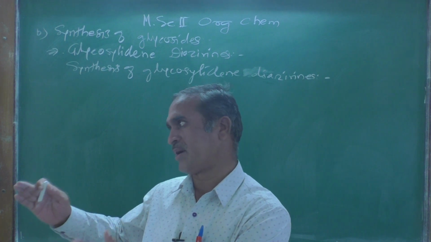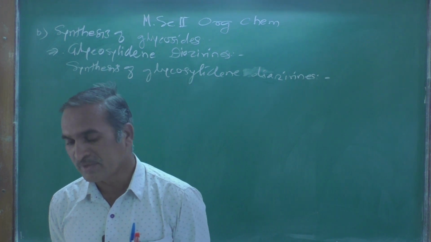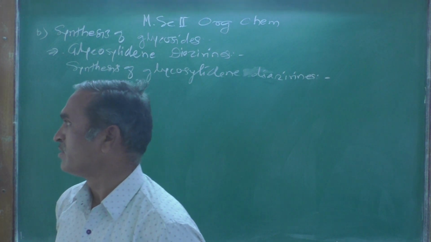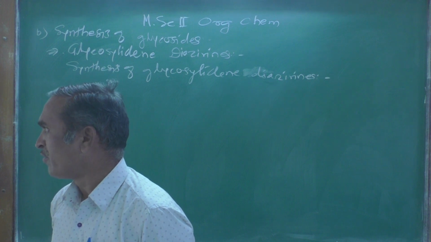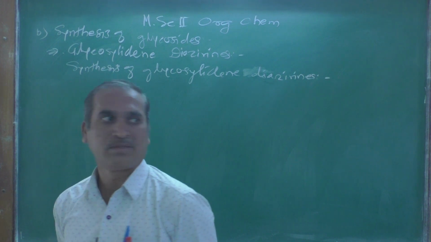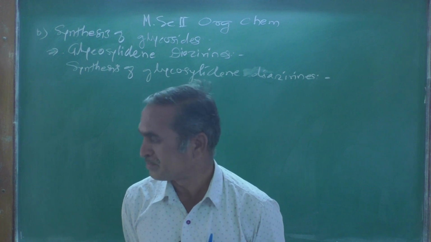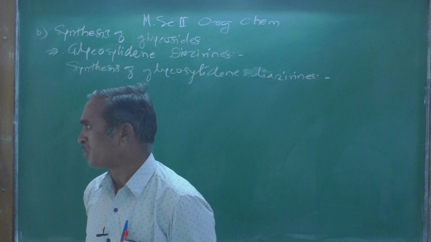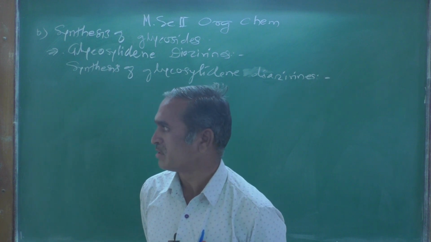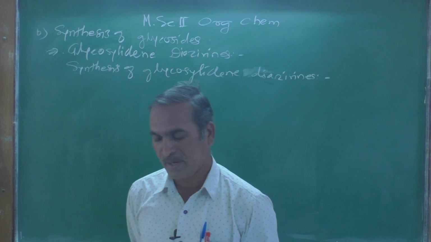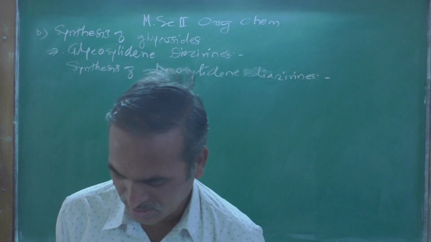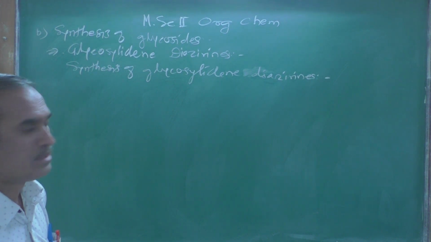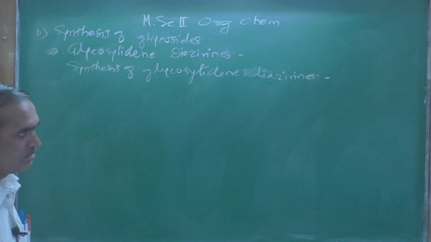Analog means similar derivatives we can synthesize by using a different starting material, but the resulting compound obtained is the same because the procedure we are going to apply is the same. Let's see how we can obtain glycosylidine diazirines.